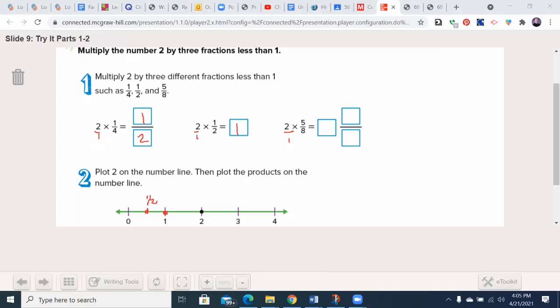Anytime you multiply, when you have the numerator and denominator the same, you simplify it as a whole number. And then we have 10/8, which is going to be 1 4/8 or 1 1/4.